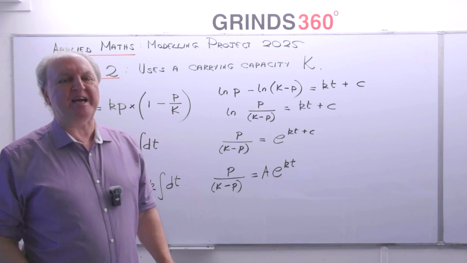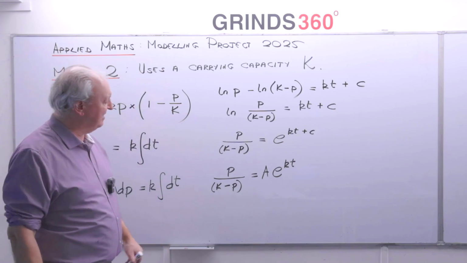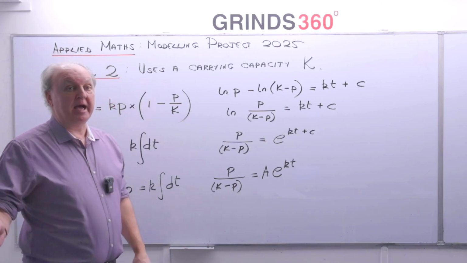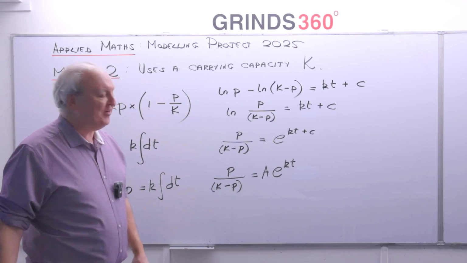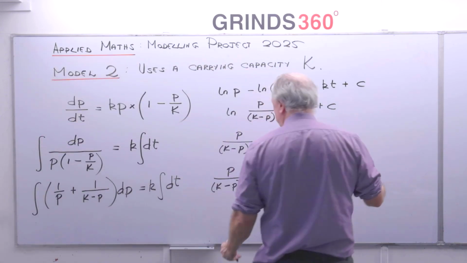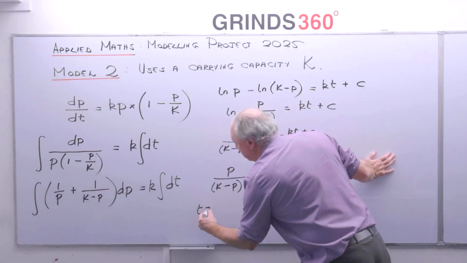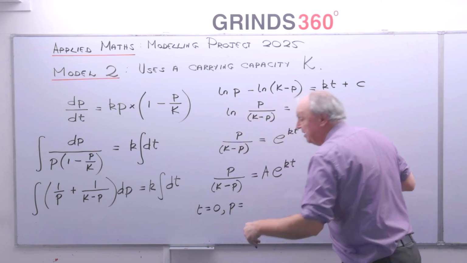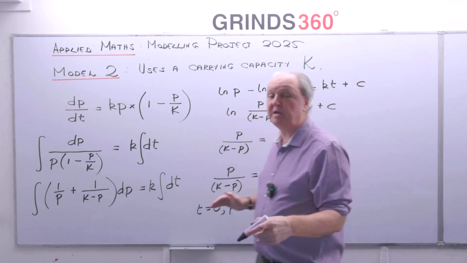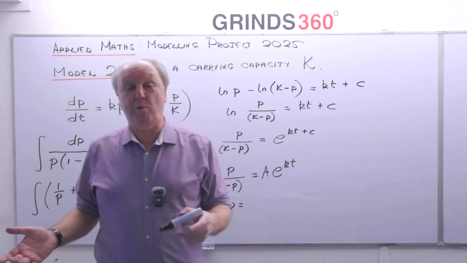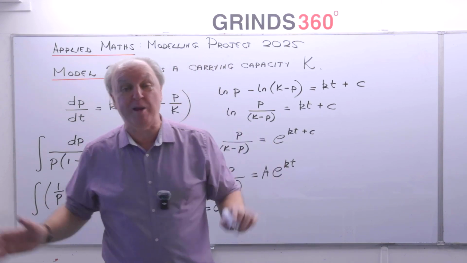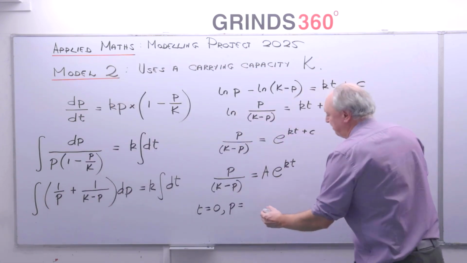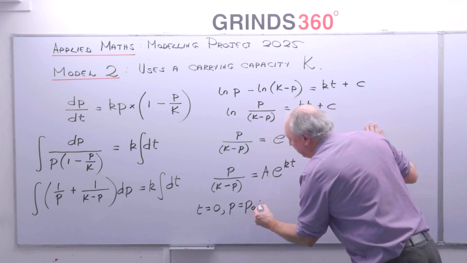Let me work out that constant A using some boundary conditions. For example, when t is equal to 0, when we start doing our survey, then the population is, well, we're using a starting population in our analysis in model 1 of 6.83 billion, but let's just call it P0 so we can generalize it a bit more. So the population is P0.